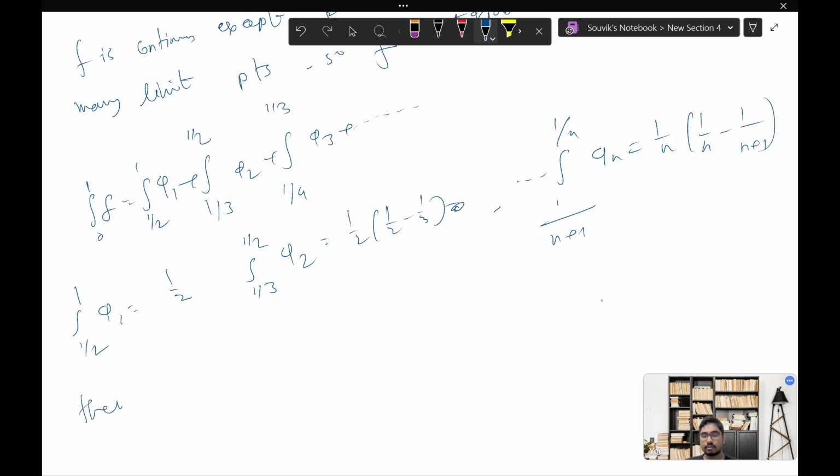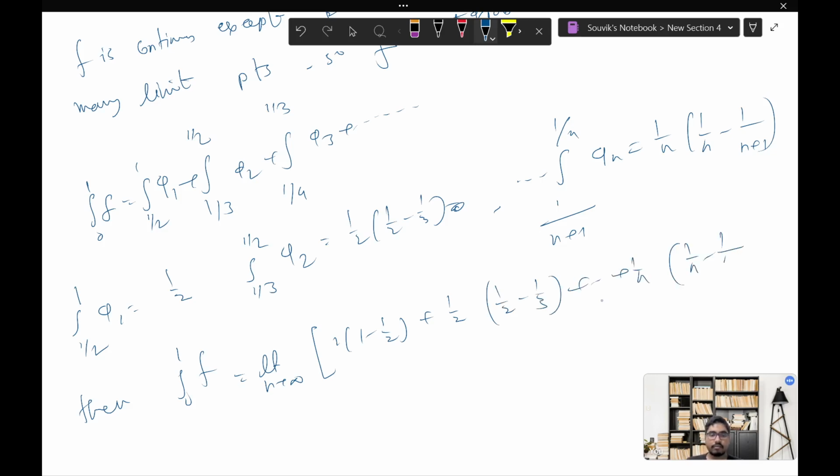Then the integral from 0 to 1 of f is equal to the limit as n tends to infinity of 1 into (1 minus half) plus half into (half minus one third) plus 1 by n into (1 by n minus 1 by (n plus 1)).